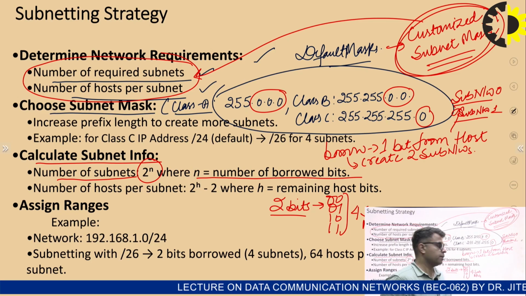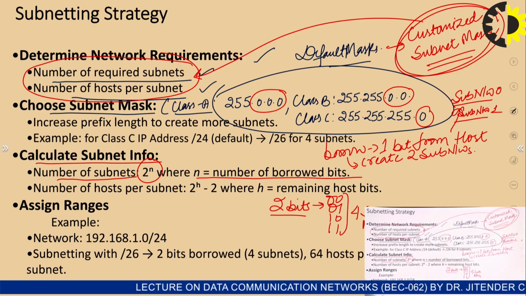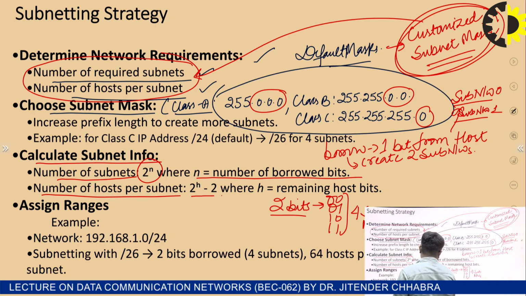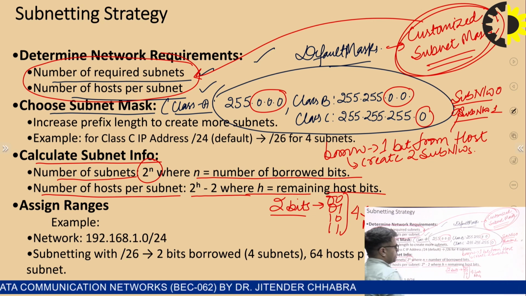So this is how I am going to borrow from the host part to create subnets as per my requirement. Now, this is also left, number of hosts per subnet. Number of hosts will be the remaining host bits.